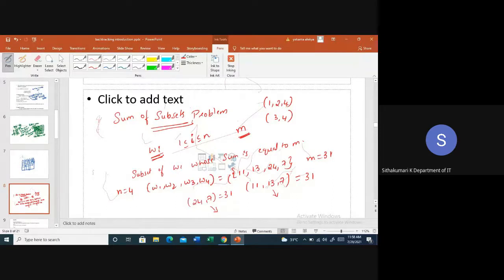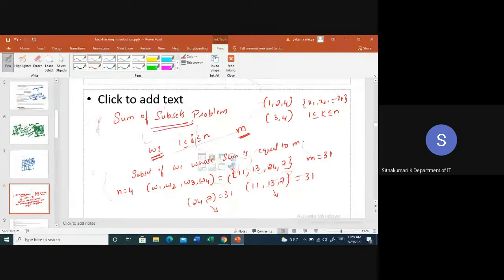Now all these solution vectors are k tuples. These solutions are of k tuples, it may not be n tuple. It will be a k tuple x1, x2 up to xk. So this k can take a value between 1 to n. It cannot be less than 1. It should be either 1 or greater than 1.